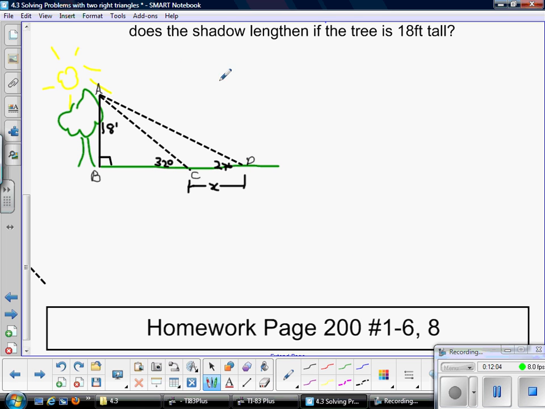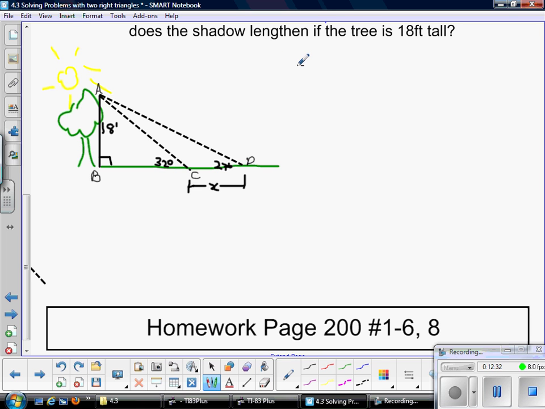So the first thing I'm going to do is look in this triangle here, ABC, the small one. Maybe I could look at ABD. So let's look at that one first, maybe. So again, it depends on what you want to do first. So we know we're going to have to look at those two triangles.